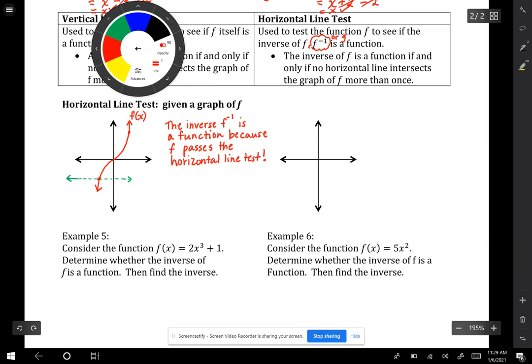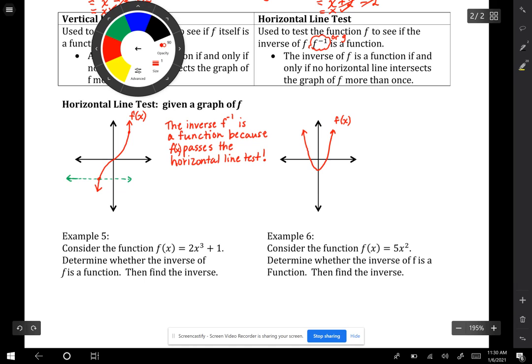Let's do another one. Let's do one where it doesn't pass. So I'm going to draw my function f. So this can be what f of x looks like. Okay, so this is f of x, or just f, since I called it f of x.